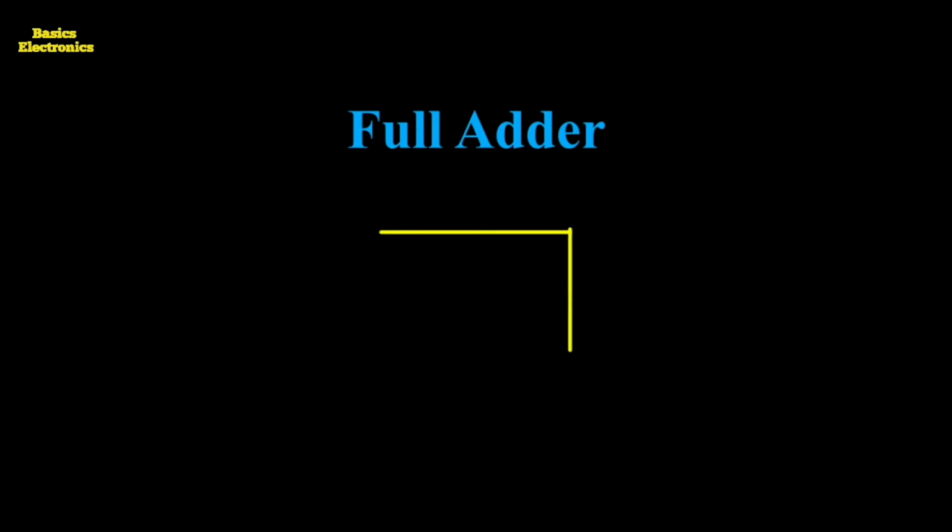The block has three inputs. These three inputs are A, B and C. Inside the block we write down full adder.